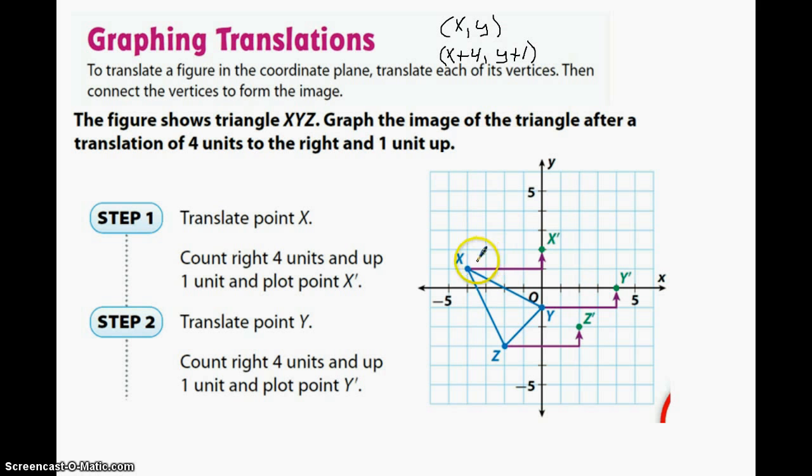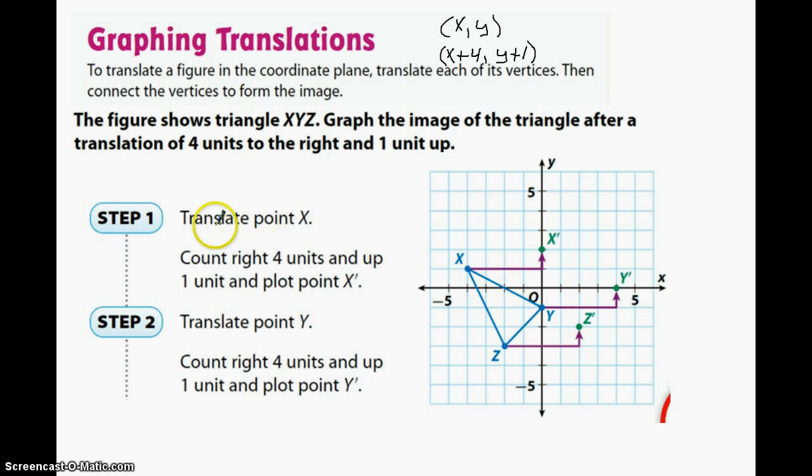Whatever x is at this particular time, we're going 4 units to the right and then 1 unit up, and that will be our X prime. Whatever Y is, we're going 4 units to the right and 1 unit up, and that's our Y prime. And whatever Z is, we're going 4 units to the right and 1 up, and that becomes our Z prime.